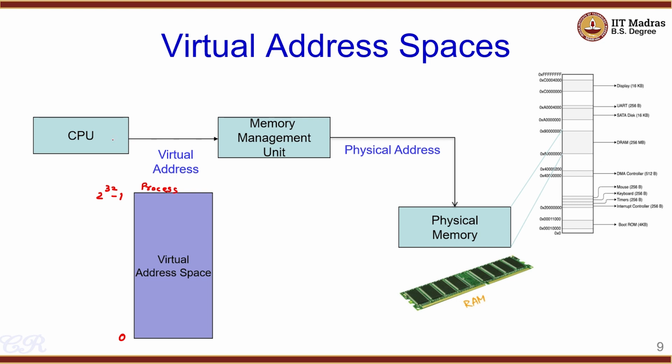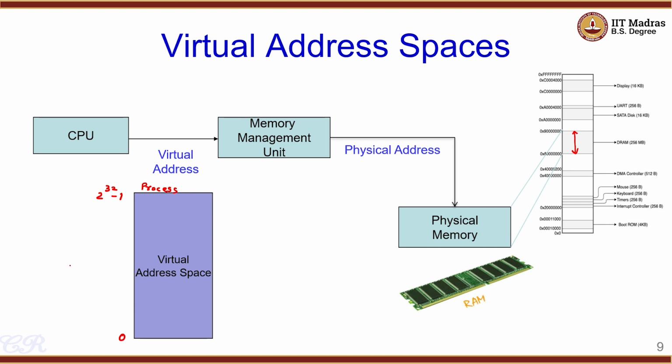The virtual address emitted from the CPU now gets translated by something known as the memory management unit or the paging unit into what is called a physical address, right. Now, this physical address is essentially your DRAM and is going to get mapped into this 256 megabyte region in this particular case. Okay. So how is this beneficial, right?